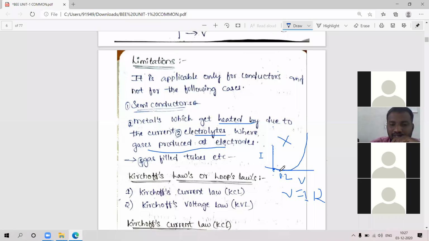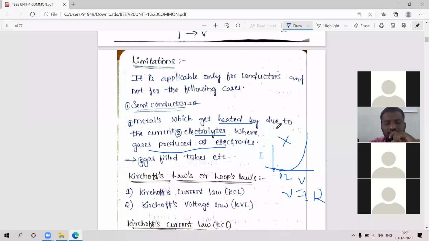As the voltage increases, current increases rapidly, so it is not following the rule. Meanwhile, it is producing so much current. That's why it is not applicable. And also gas filled tubes, the same scenario will happen for them.